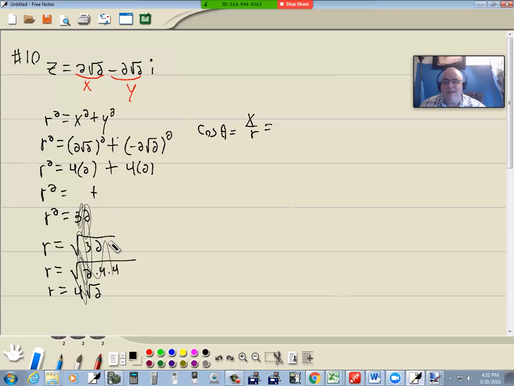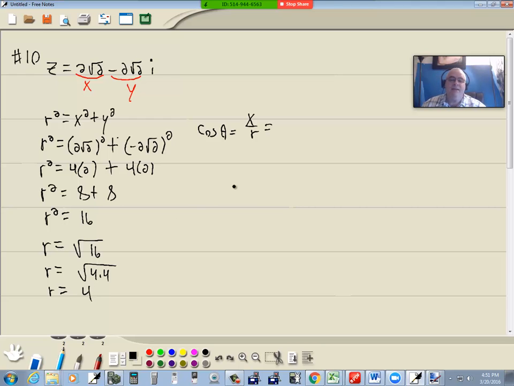Let's try that again. I'm not the best at basic math. Okay, that's 8 plus 8, which gives us 16, and that's square root of 16, and 16 is 4 times 4, which gives us 4. That's better. Okay, so then we'll have x is 2 square root of 2, r is 4, and that gives us square root of 2 over 2.